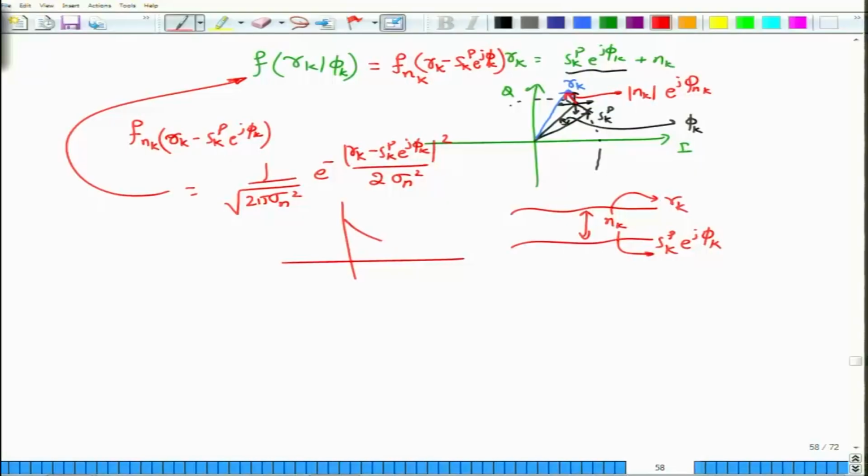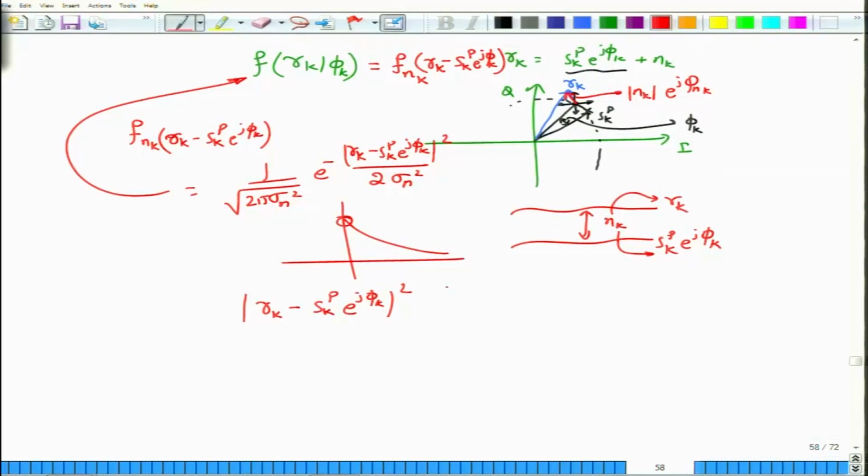Look at the exponential function. The exponential function will be maximum when its argument is 0. So, which means that you want to minimize this difference. When you make this difference as small as possible, that would maximize this exponential function.